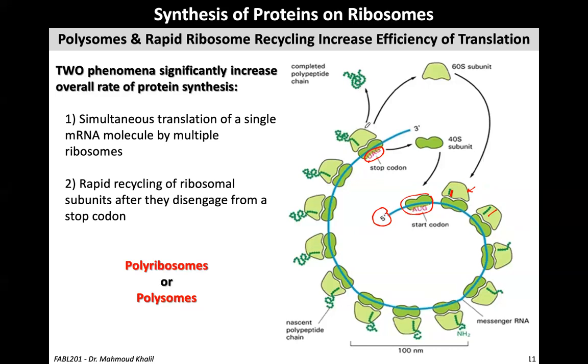So actually, we need to say that once the ribosome binds to a messenger RNA, it will move over the messenger RNA in order to complete the translation. But once it moves, a new ribosome will bind to the messenger RNA. And once this one moves, another ribosome. So at the same point, we can see multiple ribosomes bound to the messenger RNA. That's why the whole structure is called polyribosomes or polysomes.